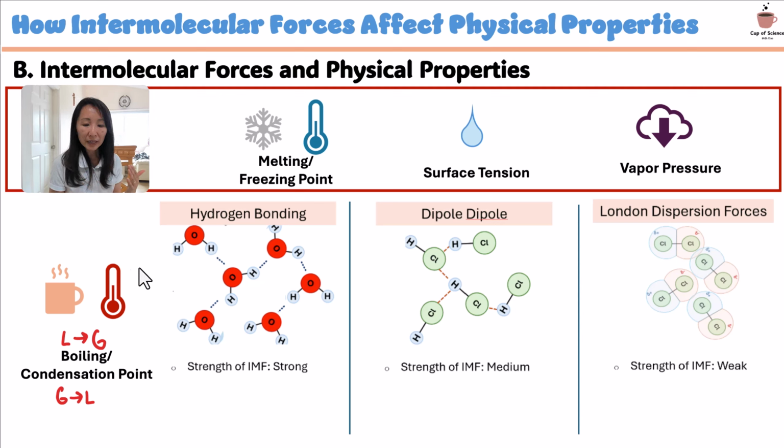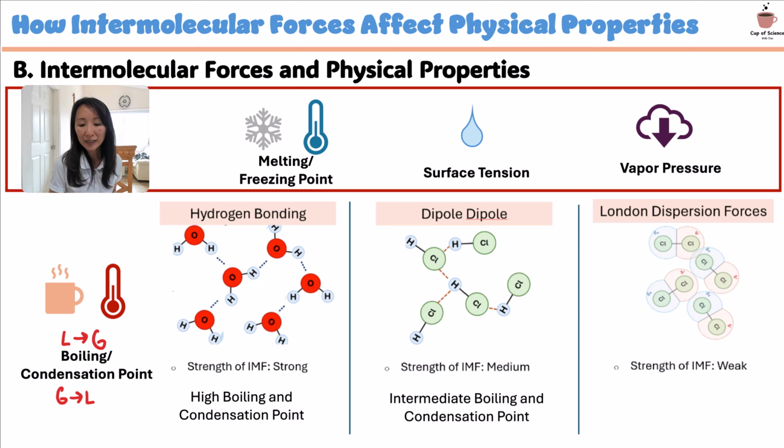How is that related, again, to hydrogen bonding, dipole, and London dispersion forces? Well, a chemical compound with hydrogen bonding will have the highest boiling point, meaning it will boil at a higher temperature and also will condense at a higher temperature. If some molecule has a dipole interaction, then it will have an intermediate boiling point and condensation point.